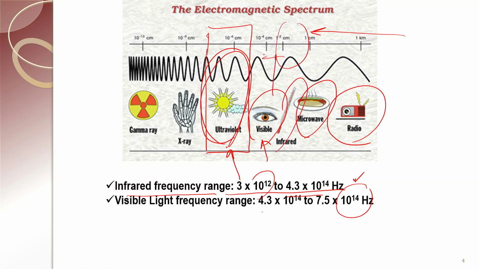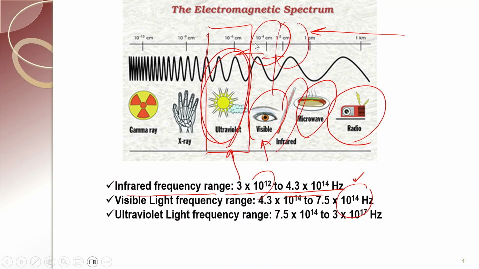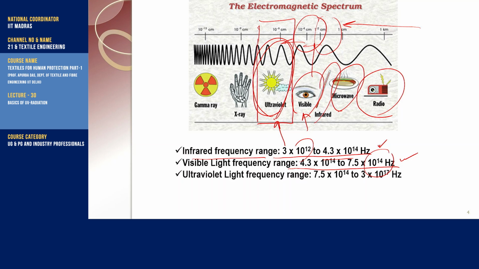So, it is lower frequency. If the wavelength is lower, the frequency will be higher. UV ray, this is the range we have already discussed.